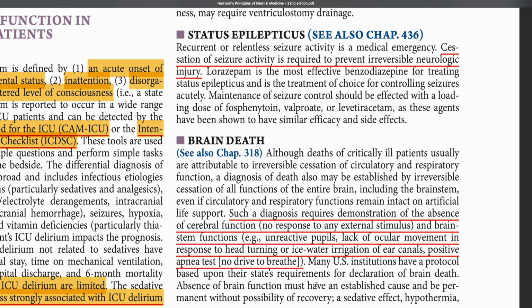It means irreversible cessation of circulatory and respiratory function. In ICU the diagnosis requires a lot of demonstration of the absence of cerebral functions.